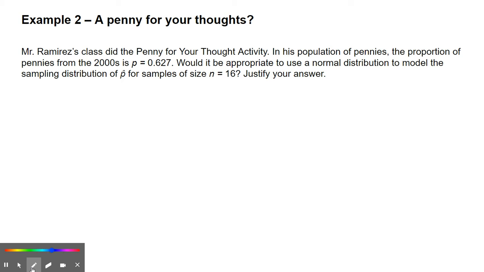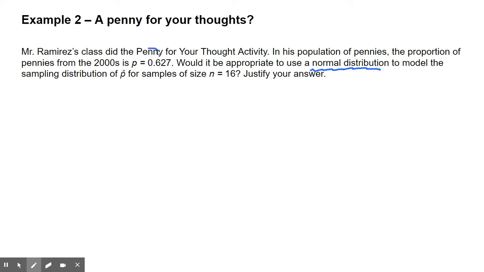So again, still looking for those pennies minted in the 2000s. So this is the population proportion. This is the proportion of pennies in his jar, in my jar, that come from the 2000s. p equals 0.627. Would it be appropriate to use a normal distribution to model the sampling distribution of p hat for samples of size n equals 16?